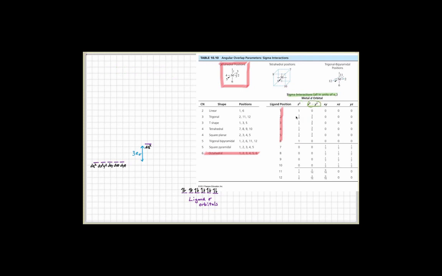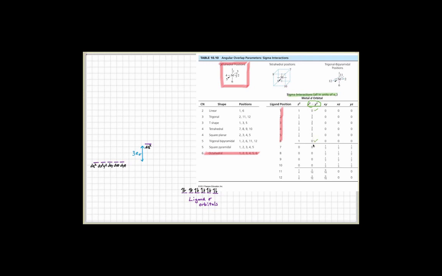The dx squared minus y squared, we can also calculate its interaction with the ligand orbitals. Its degree of overlap is indicated in the column under the x squared minus y squared. At ligand position 1, there's apparently 0 overlap, and so that contributes 0.